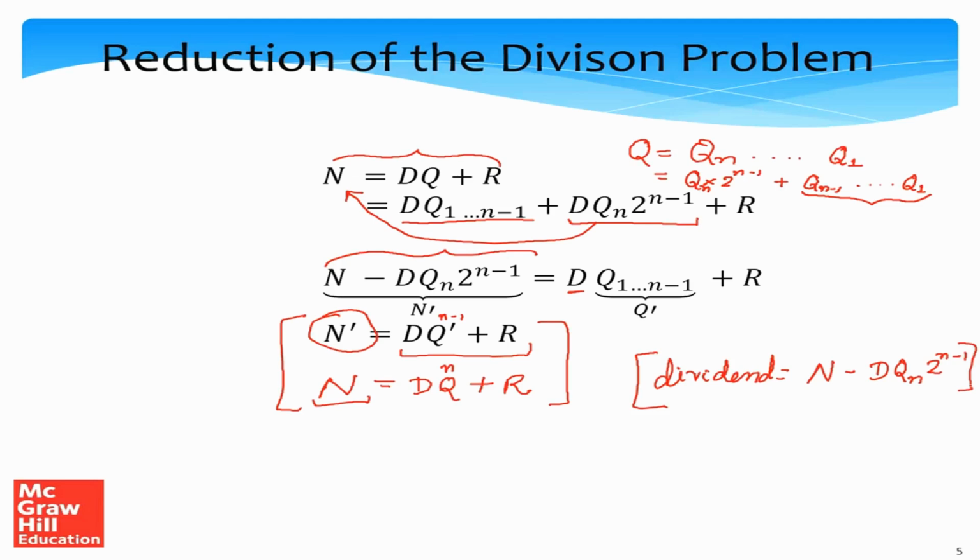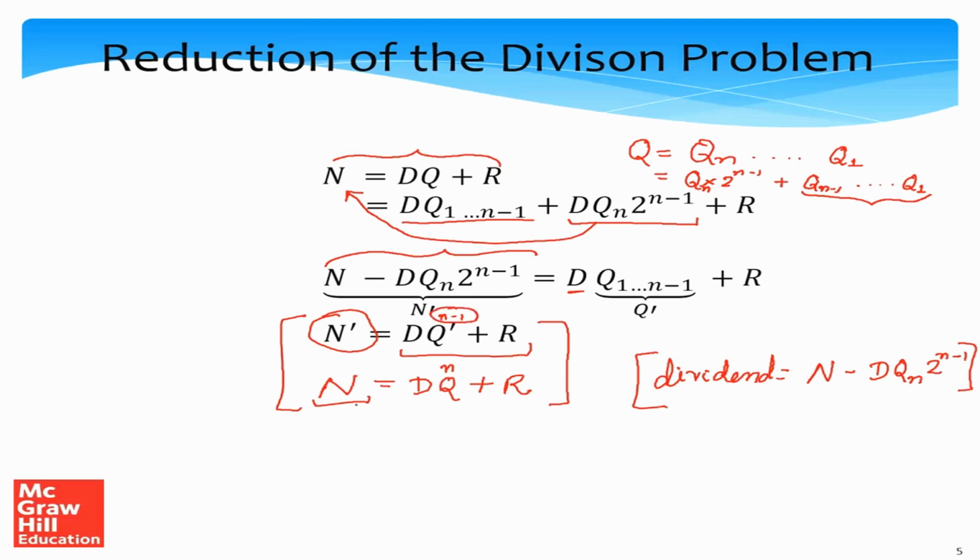So what we have done is that if we can somehow figure out the nth bit, the most significant bit of the quotient, then we can compute a new dividend, which is n dash, and solve a smaller division problem where the quotient has n minus 1 bits.